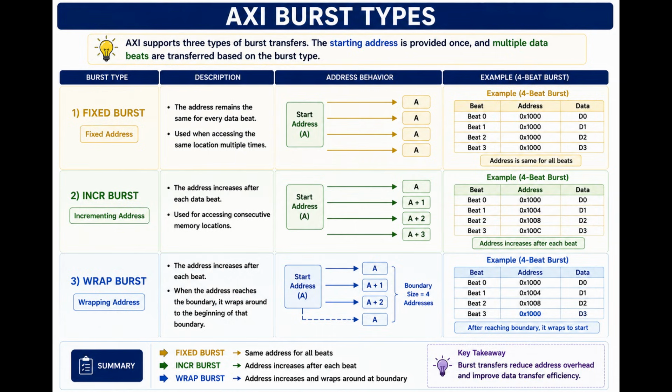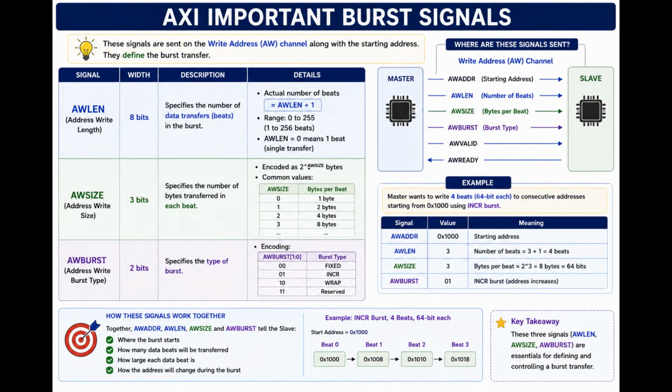This is commonly used when transferring data to consecutive memory locations. In a WRAP burst, the address also increases, but when it reaches a defined boundary, it wraps around to the beginning of the boundary. So FIXED keeps the same address, INCR increases the address, and WRAP increases the address and then wraps around. Now let's understand the signals that define a burst transfer.